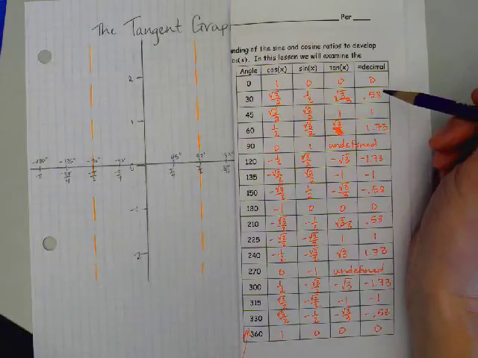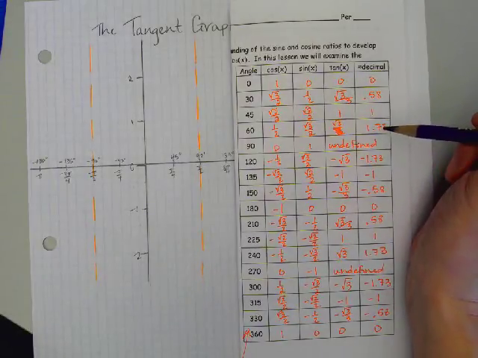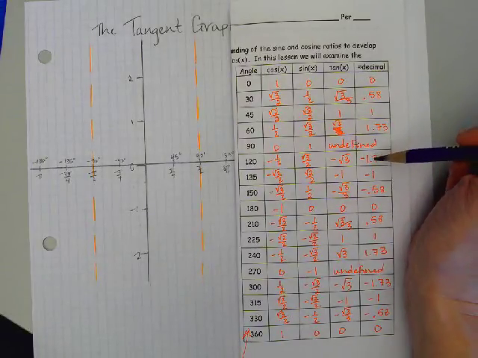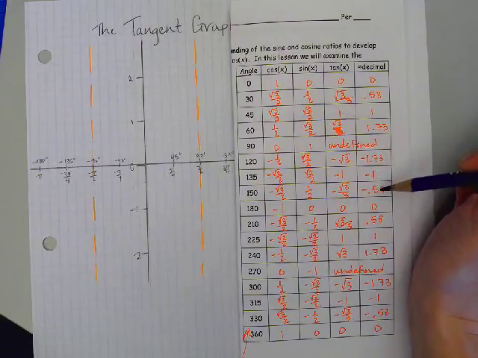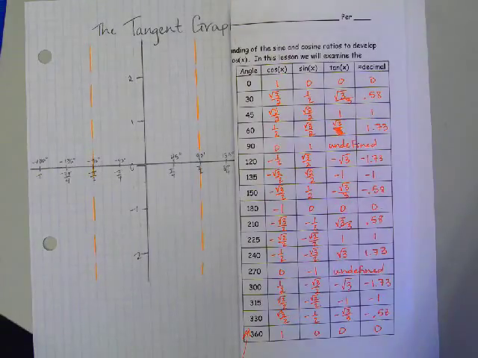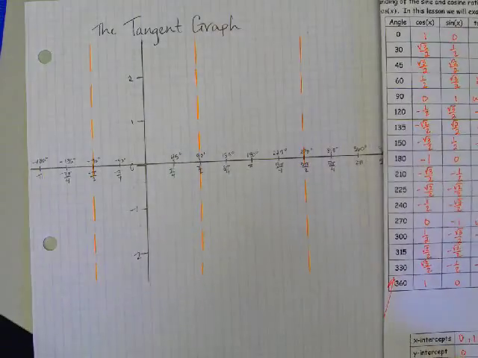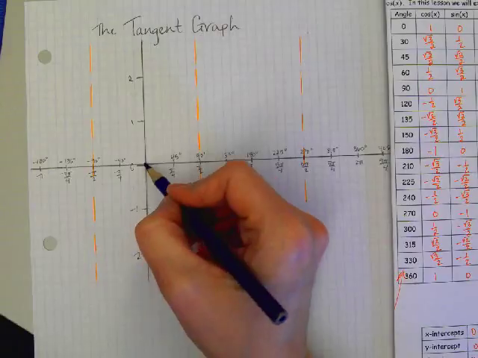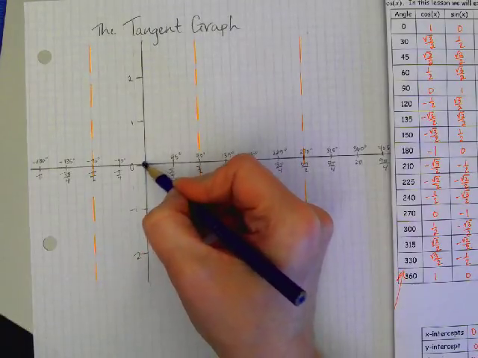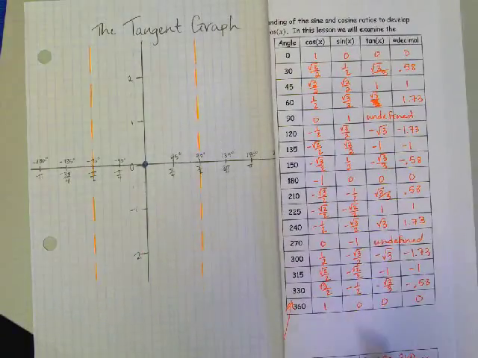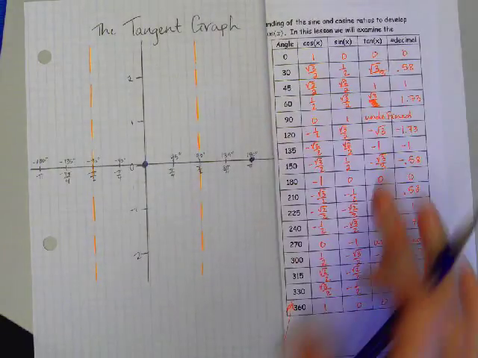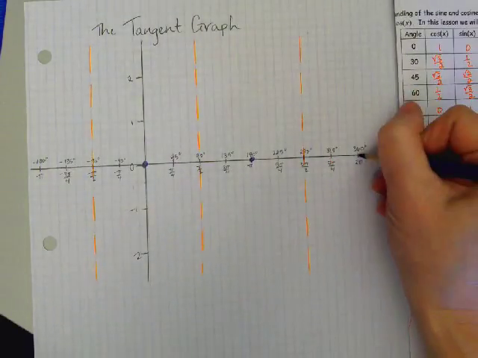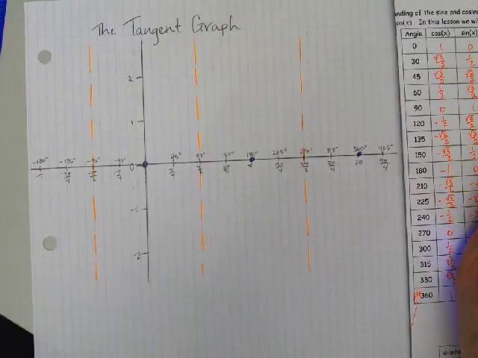Just looking at the positive now, and also at negative 135. And then my negative ones happen at 135 and at 315. They're also going to happen at negative 45 and then continuing back.